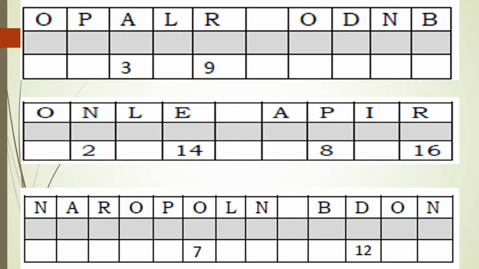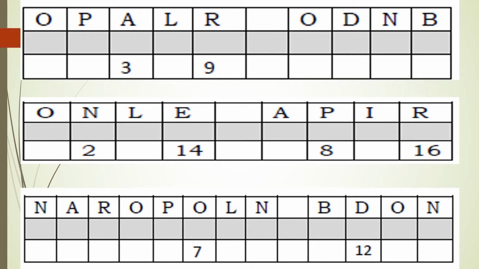For the next one, try to arrange the letters and form the correct word. What do you think it is? Okay, that is polar bond. Polar bond. And the next one is lone pair. So that is lone pair. And the last in the slide is, what do you think?